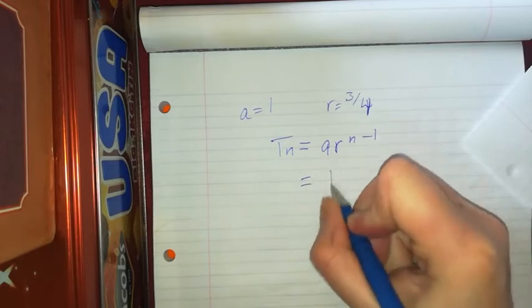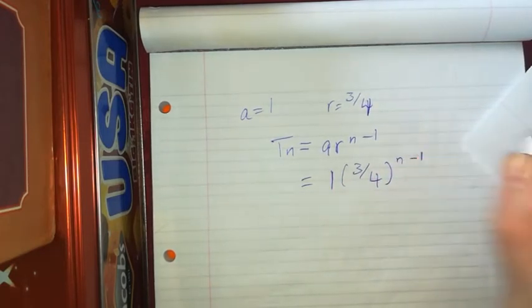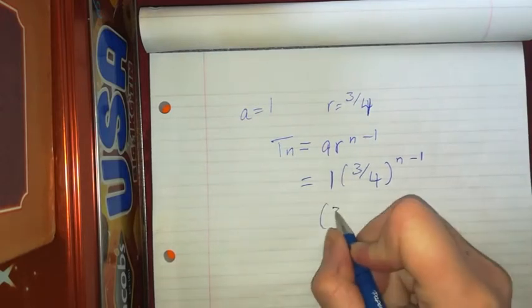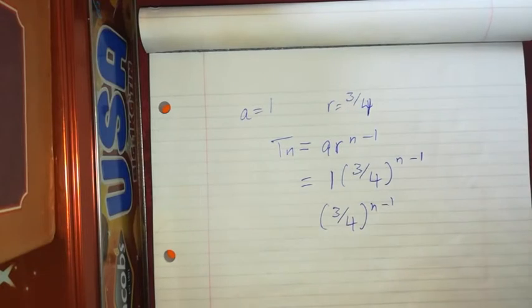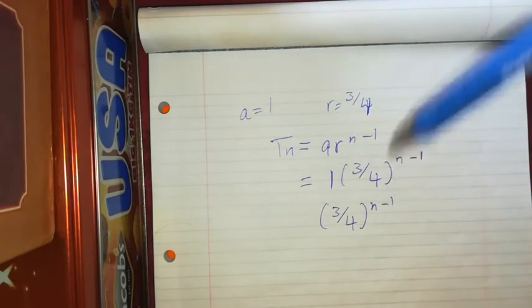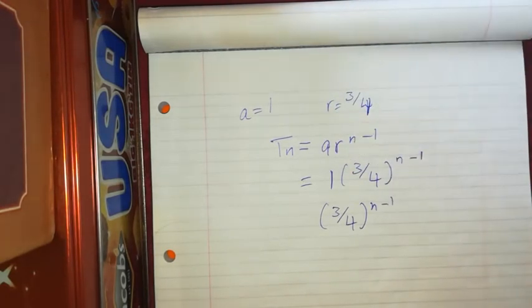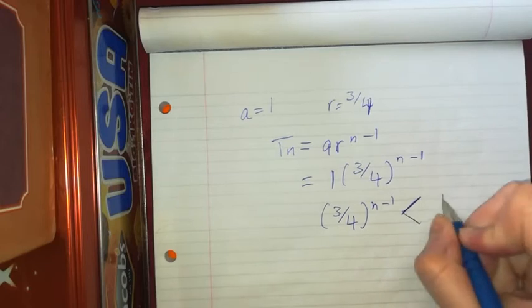So the first term a, and then r is 3 over 4 to the n minus 1. So I'm going to figure out when this general term is going to be less than 1 over 100. But note that I let step number 0 be pattern number 1. So whatever pattern number is, the step number is going to be just 1 less than that. So I have to say that's less than 1 over 100.